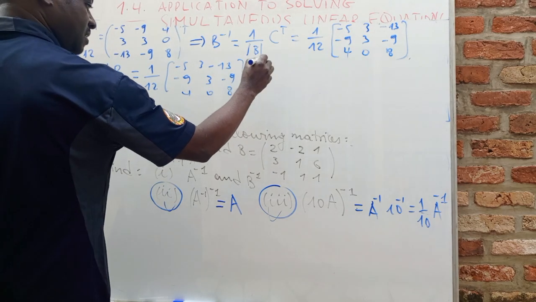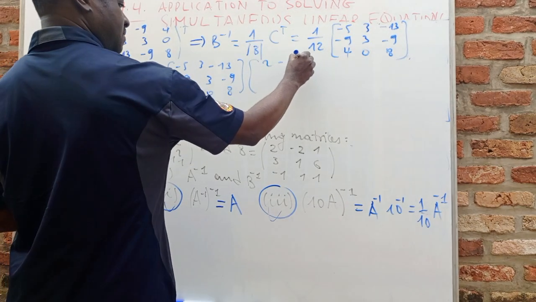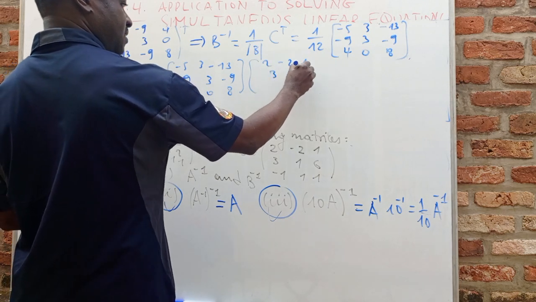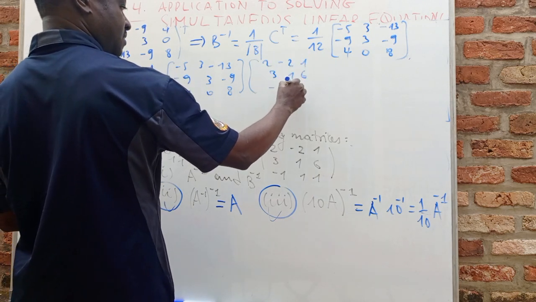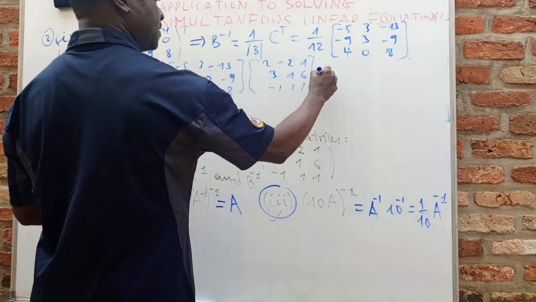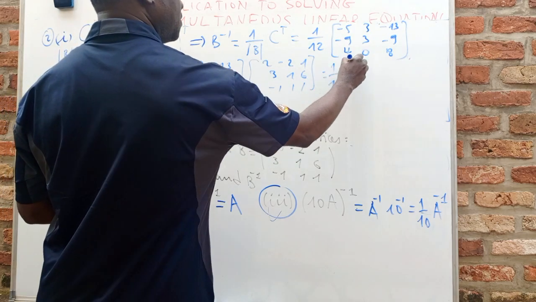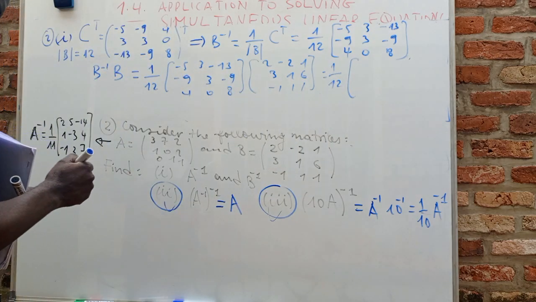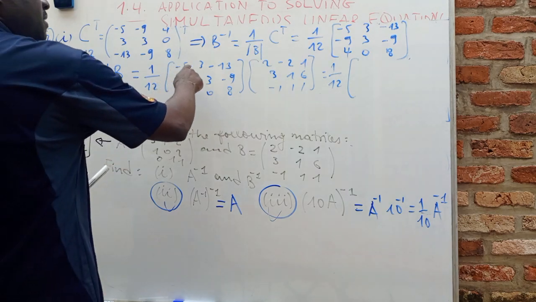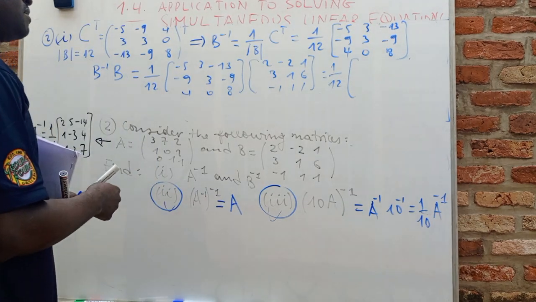Then I multiply by 2, negative 2, 1; 3, 1, 6; negative 1, 1, 1. So over 12. Now, the first test, if I multiply this one, I don't get 12.